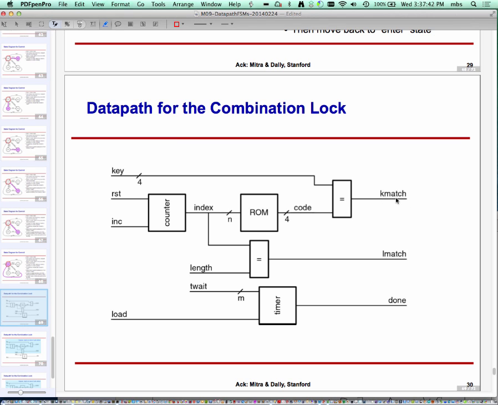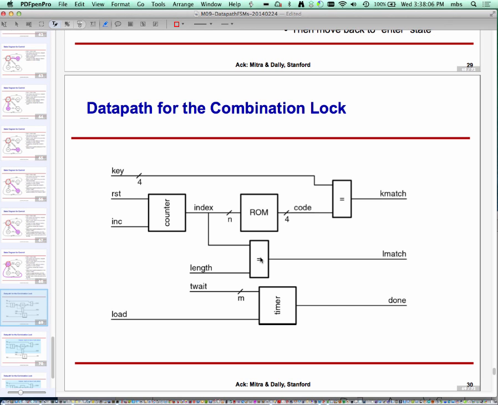K match tells me whether the currently pressed key matched the corresponding key stored in the code. L match tells me whether the user has pressed the requisite number of keys. So when I start out in my example of 1, 2, 3, 4, 5, 6, 7, I'm looking at the first key, but L match would not be a match because I have only pressed one key.